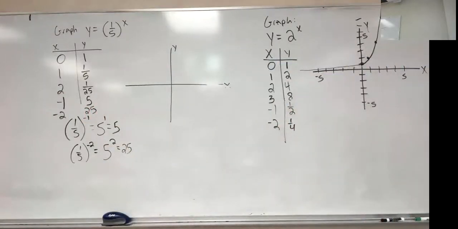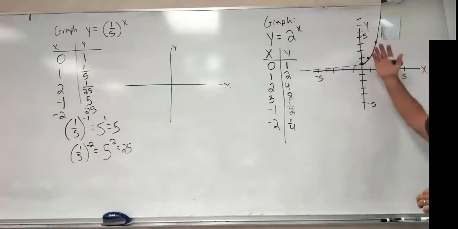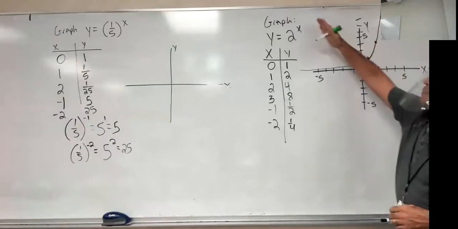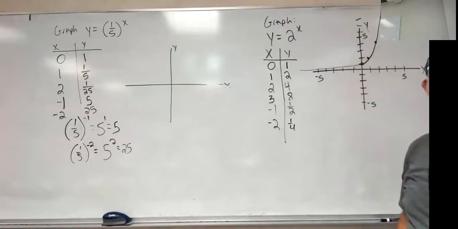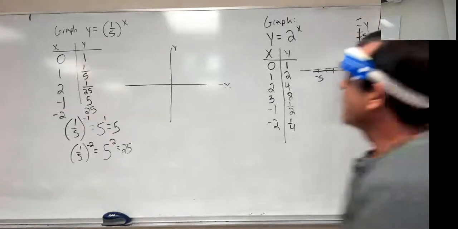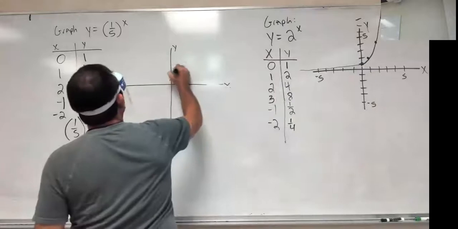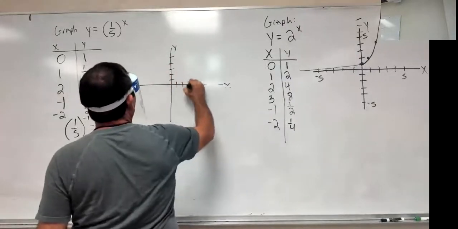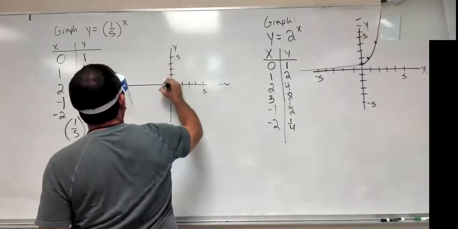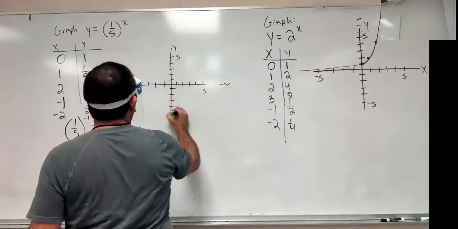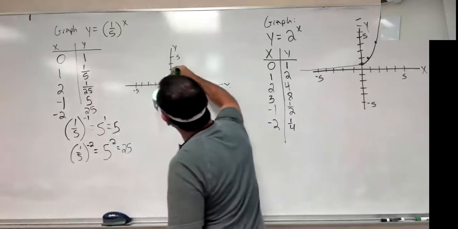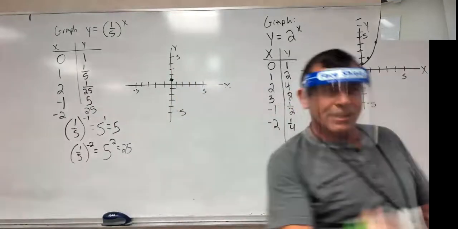So if you notice, the fractions do the opposite of the numbers. The fractions want to come down and try to get to the x-axis in the positive direction versus the negative direction, okay? But notice it still went to 0, 1 on that, okay?